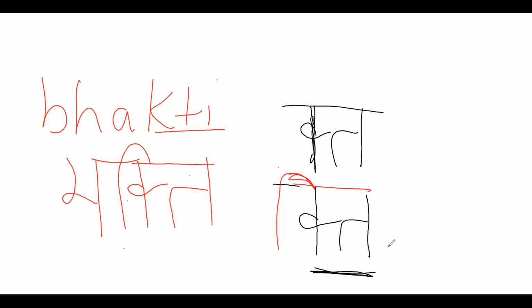I could have done that there because it's still with the same letter, right? Bhakti. It's still with the KTA or KTI now. But you can't do it in the middle. That's the main thing. You can't do that here. That's not okay. All right. Okay.